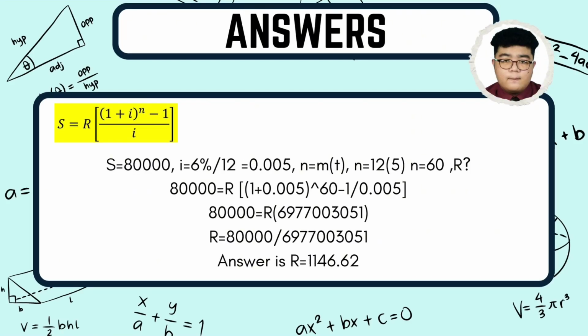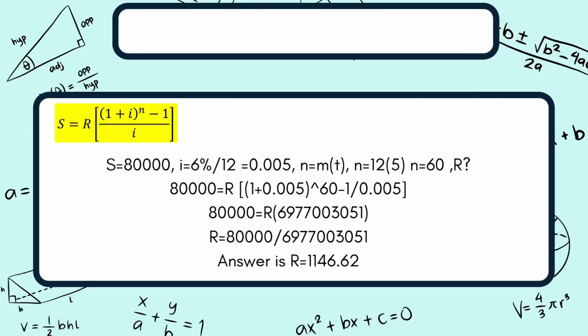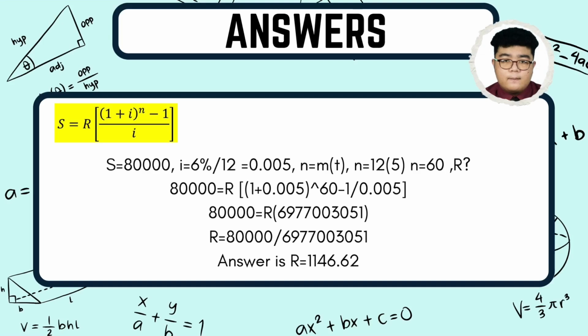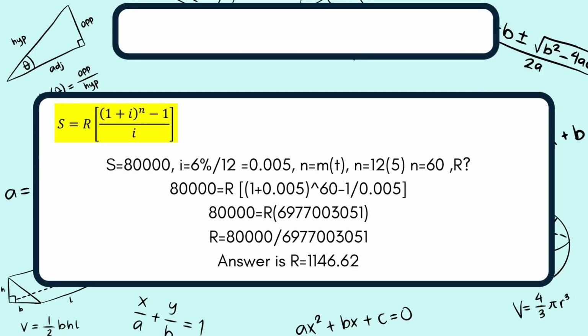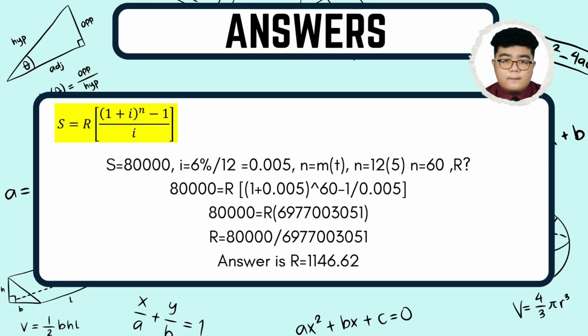This is the answer for question 3. Firstly, you list all the things that have been given. S equals 80,000, i equals 6% over 12, and you can get 0.005, n equals 12 multiply 5, and you can get 60, and then R is not given. Firstly, 80,000 equals R bracket 1 plus 0.005 to the power of 60 minus 1 over 0.005, and then you can get 69.77003051.